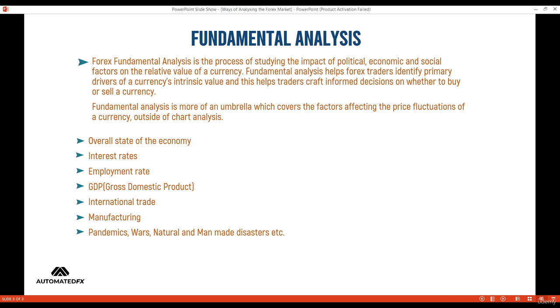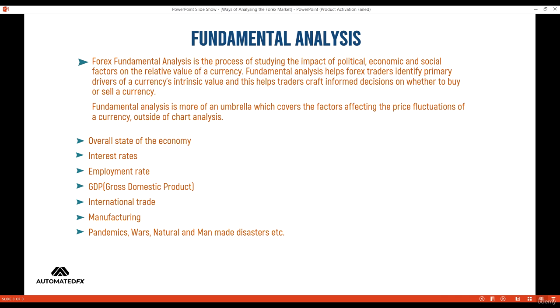Fundamental analysis is more of an umbrella term which covers the factors affecting the price fluctuations of a currency outside of chart analysis. What we looked at previously, technical analysis, is chart analysis. Like I said before, fundamental analysis gives us a broader picture.